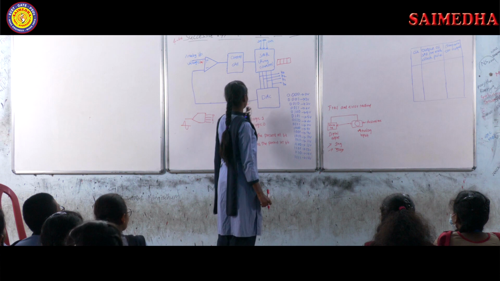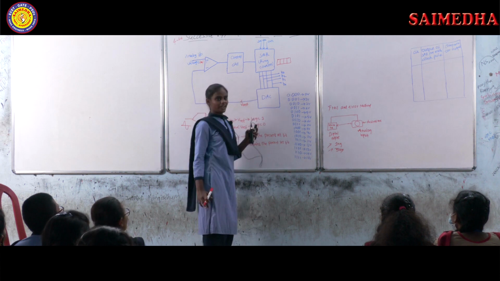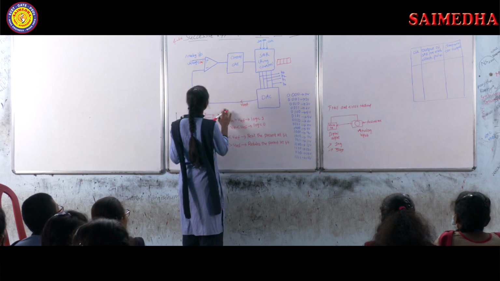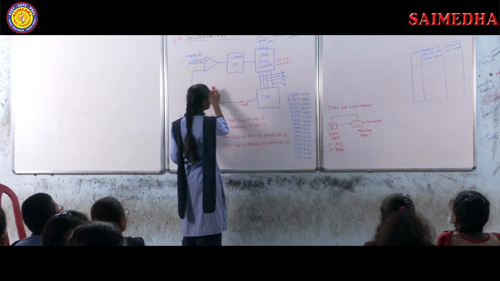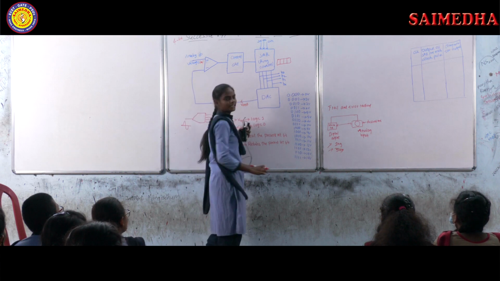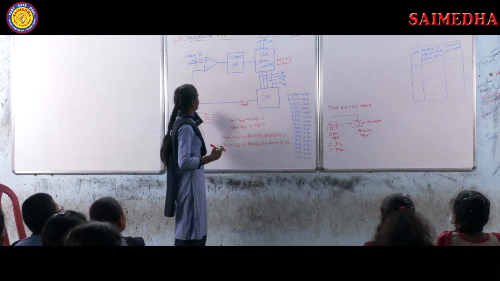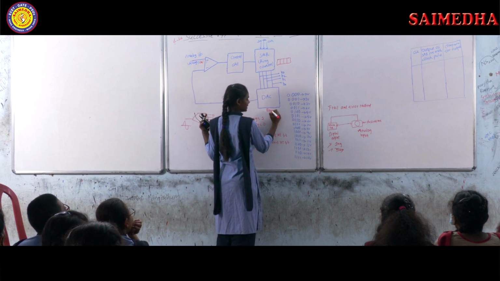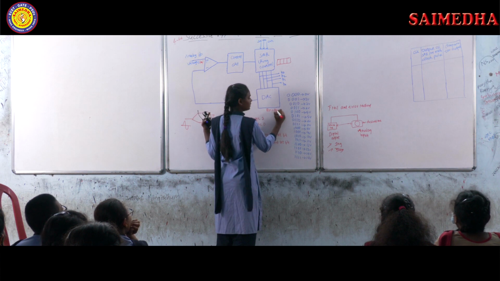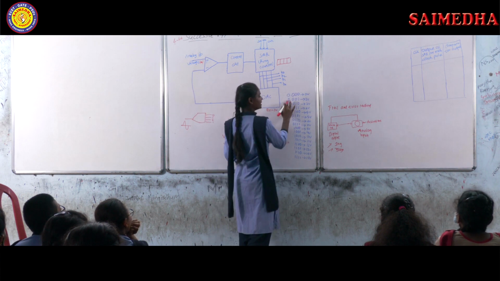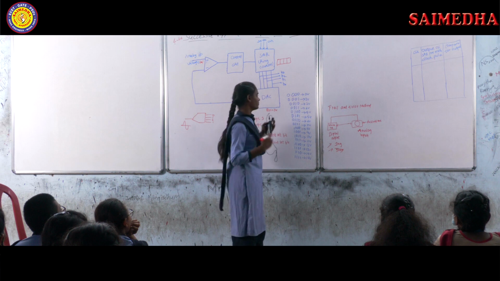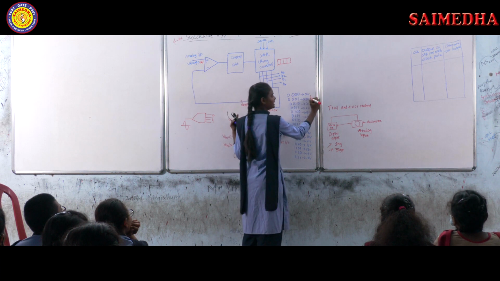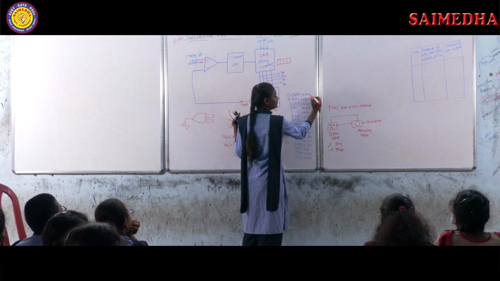And next, the DAC. DAC is a digital to analog converter. In order to compare the analog input voltage, we are converting the digital input to analog. Let us consider the output resolution as 1 volt. So whenever the digital input changes by 1 LSB, the corresponding analog voltage changes by 1 volt.